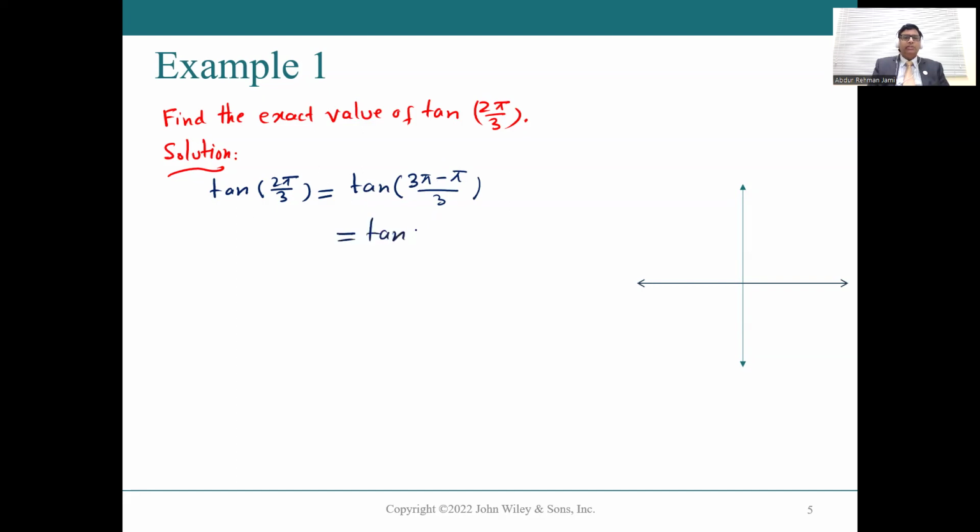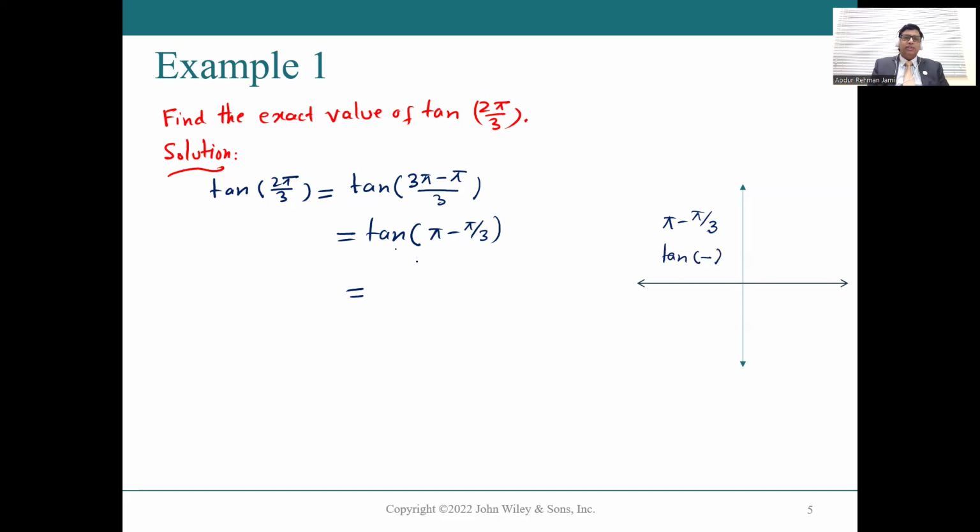So tangent is pi minus pi over 3. So this gives us an angle less than pi, so this is in quadrant number 2. Pi minus pi over 3 will be here. And check the sign of the tangent function in this quadrant, which is negative.